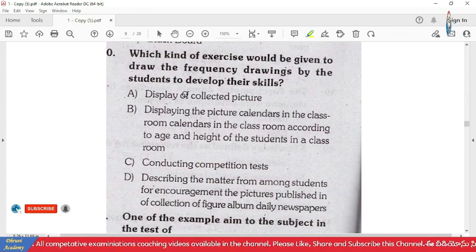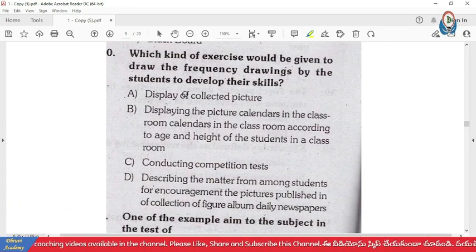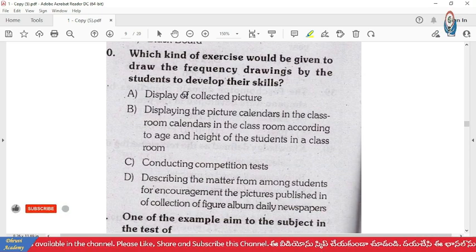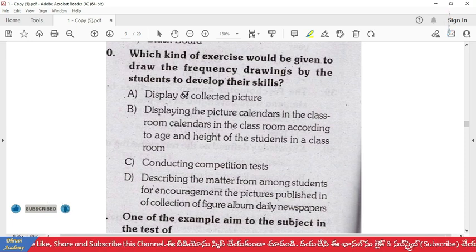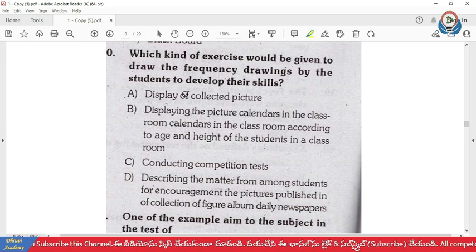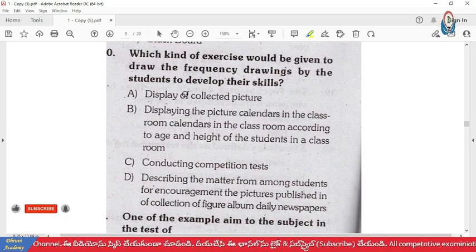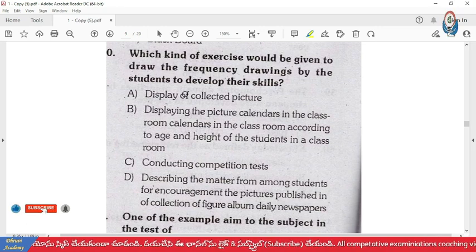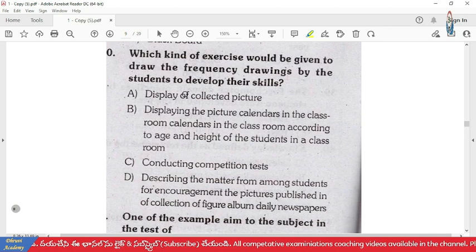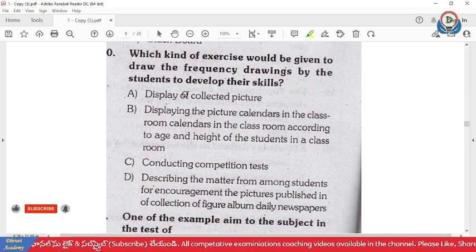Which kind of exercise would be given to draw the frequency drawing by the students to develop their skills? A. Display of collected pictures. B. Displaying the picture calendars in the classroom according to the age and height of the student in a classroom. C. Conducting competition tests. D. Describing the matter from among students for encouragement.